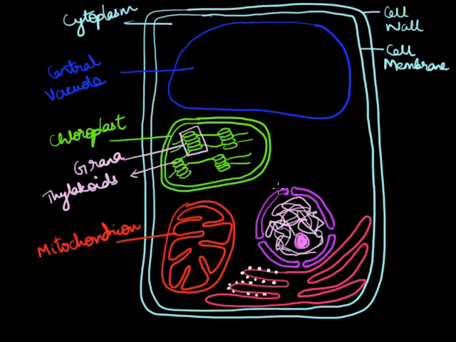These ribosomes are also found on the outside of the nuclear membrane, like this. So we have drawn ribosomes outside the nucleus and also on some parts of the endoplasmic reticulum.